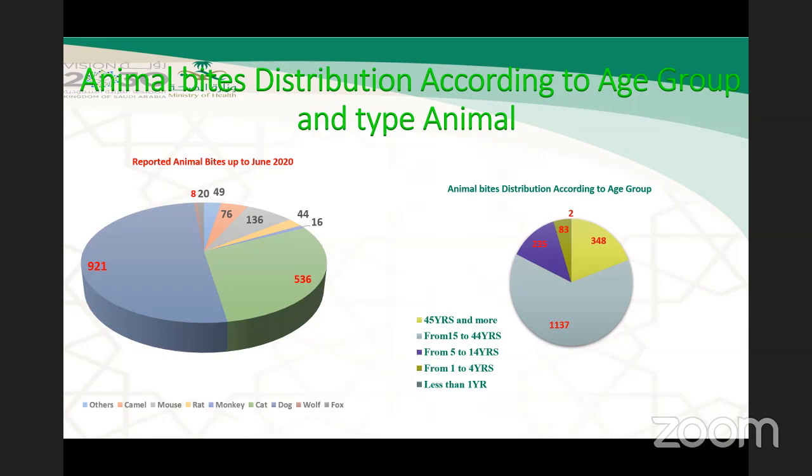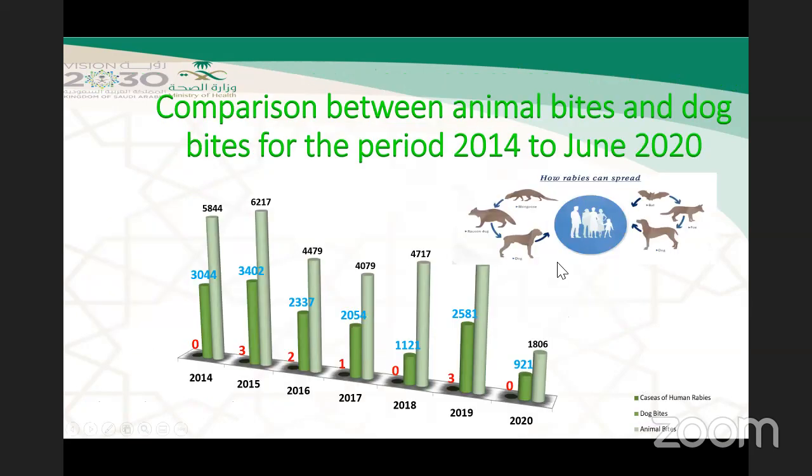In 2016, we have generally 4,479 animal bites. Of them, 2,337 by dogs. Unfortunately, there were 2 cases of rabies. In 2017, we have 4,079 bites, of them 2,054 by dogs, and 1 case of rabies.